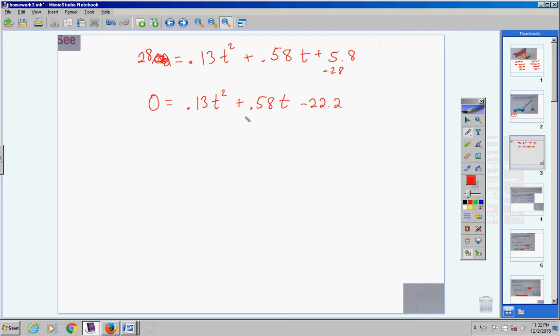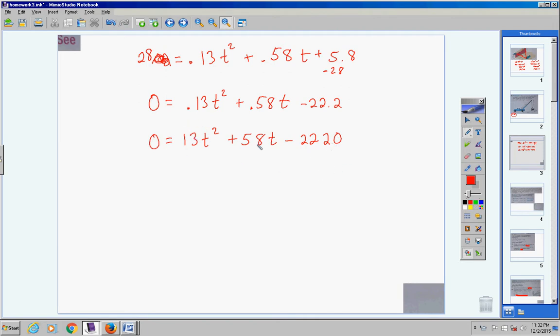Now students, we have a lot of decimals, so I'm going to multiply everything by 100 to move the decimals 2 places. So multiply 0 by 100, multiply 0.13 by 100, multiply 0.58 by 100, and multiply 22.2 by 100. That'd be the decimal 2 places, so add 1 zero. So 2,220. If you don't like this, don't do it, it's totally fine, okay?